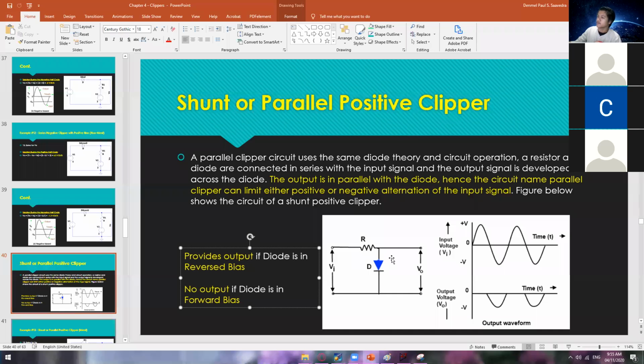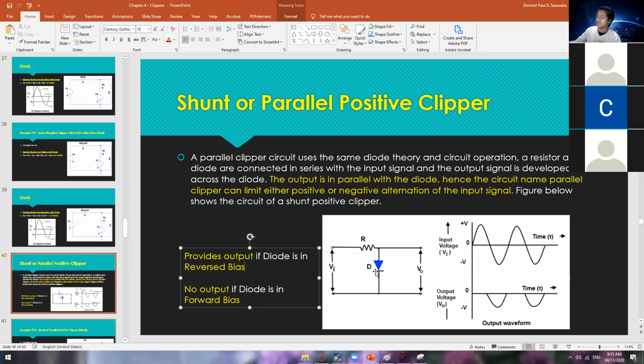Why is that so? Take a look at this one. Let's say we have a positive half cycle. Positive is connected to positive, negative connected to negative. As you can see, it will never reach our V sub O because we have a complete loop here. Positive to positive, negative to negative.